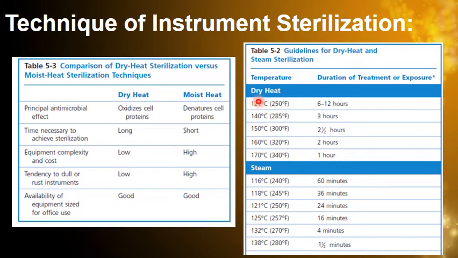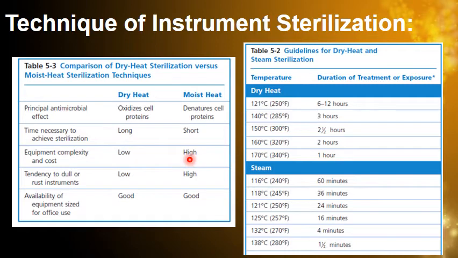We have now a little comparison between dry heat and moist heat. As we said, dry heat kills by oxidization of the cell protein, while moist heat kills by denaturation of cell protein. The time, which is the most critical part: in dry heat it is long compared to moist heat, which is short.